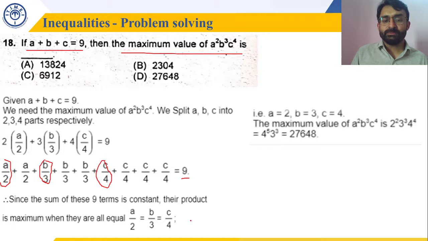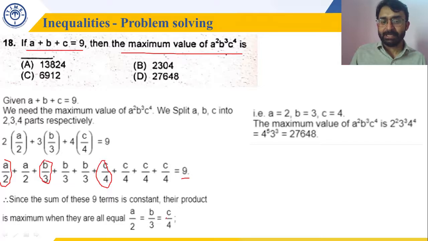Now I know that a by 2 is equal to b by 3 is equal to c by 4. That means a is 2k, b is 3k and c is 4k. Is that okay? So 4k plus 3k plus 2k is equal to 9k.